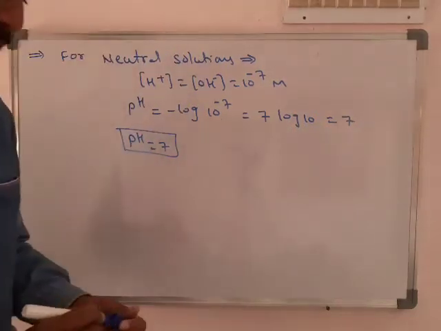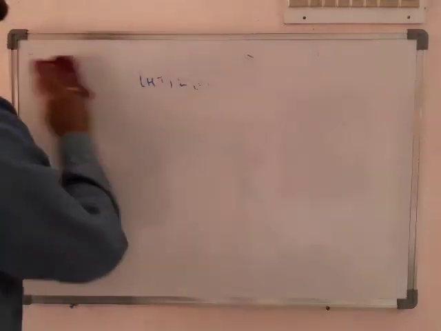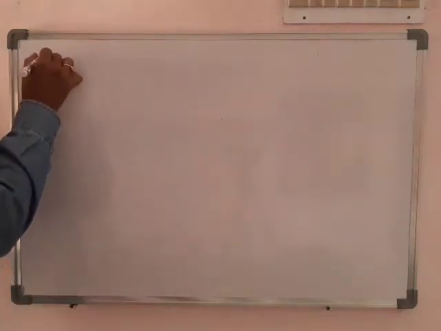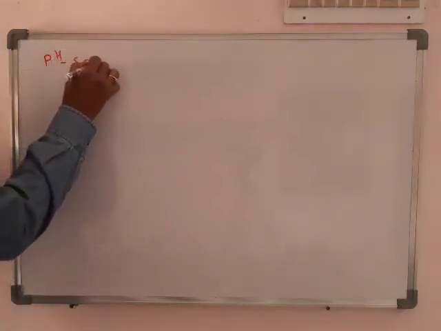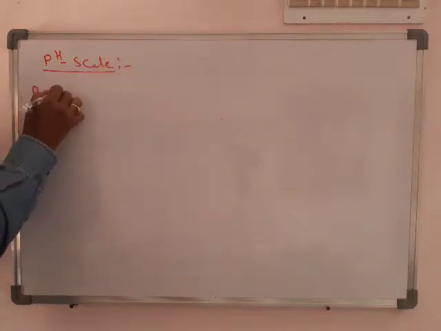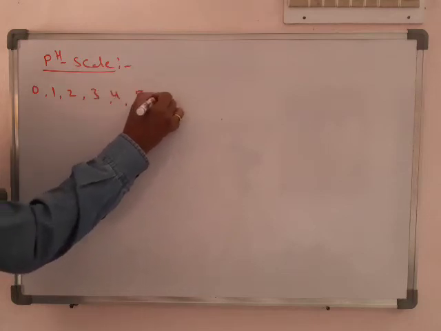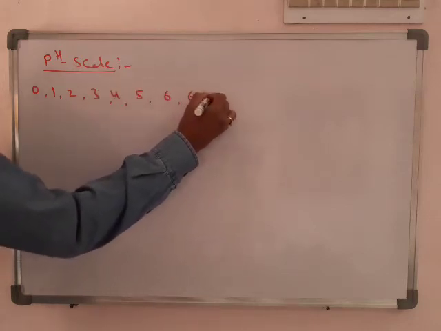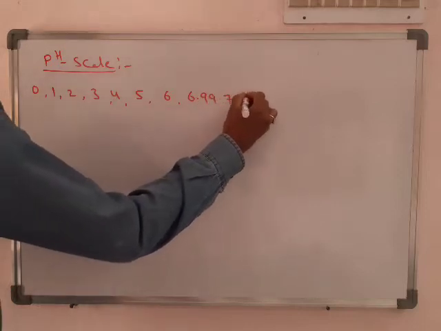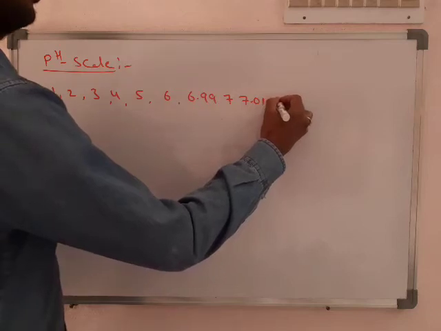Okay, this total thing is treated as the pH scale. We represent it like this: the pH scale starts from 0, 1, 2, up to 6.99, and 7.01 also takes the base.